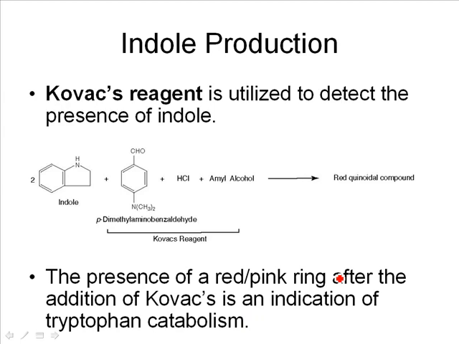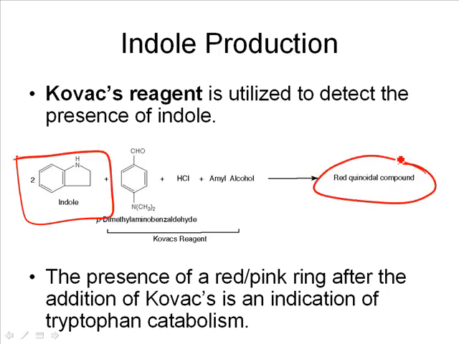Through the use of Kovacs reagent, if indole is present in this reaction, a nice red compound is produced, and it's the presence of that red ring on the top of our SIM media that's an indication that tryptophan was catabolized. Remember, tryptophan being catabolized produces the indole, and therefore the presence of a red ring is an indication that it was tryptophan broken down.